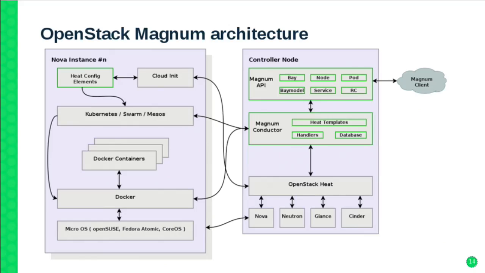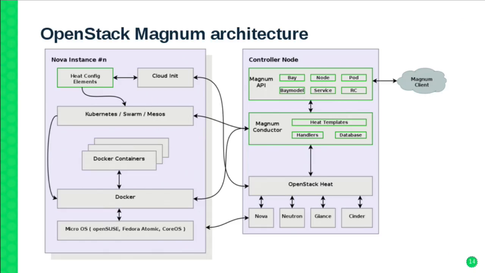So the OpenStack user can communicate with Magnum and operate on different objects which are related to Kubernetes, like the bay, which is called the cluster, nodes, pods, services or replication controllers. And these requests will be passed to the Magnum Conductor, and Magnum Conductor will use a special driver which is related to the Linux distribution.